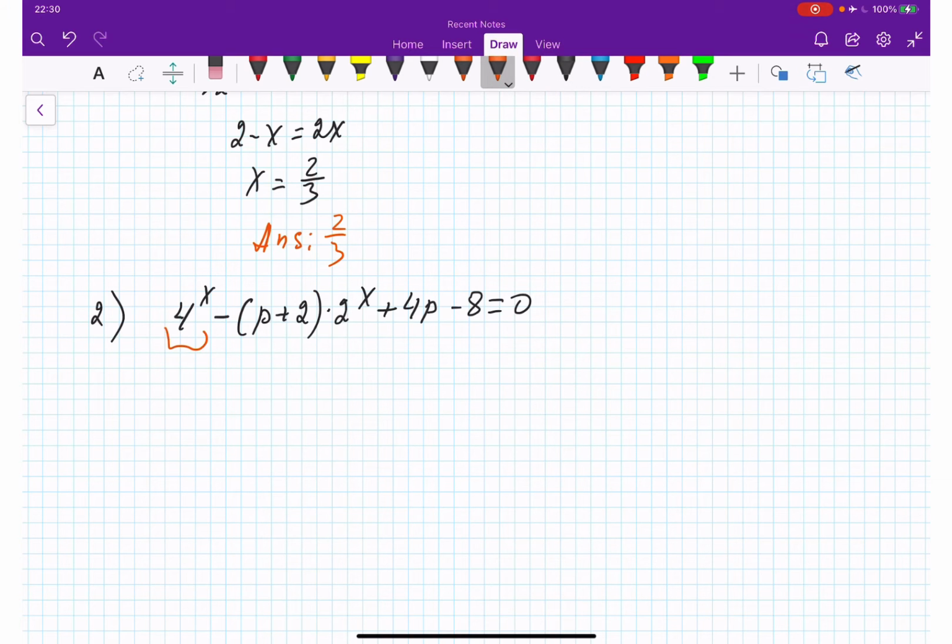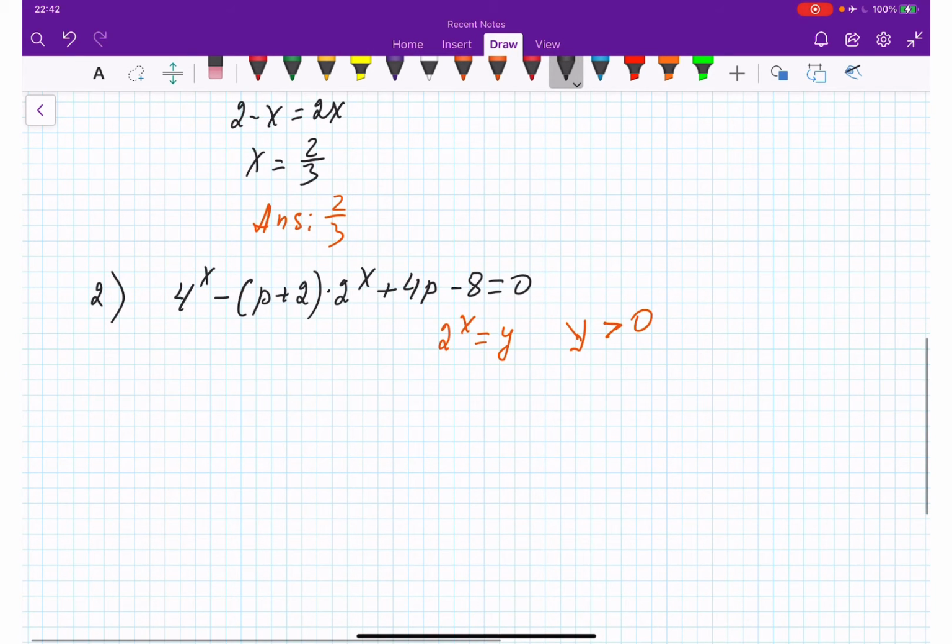4 to the power x, 2 to the power x. So accordingly, I'm going to do a substitution, which is going to be 2 to the power x is equal to y, where y has to be greater than 0. Now let's rewrite the equation in the following form.